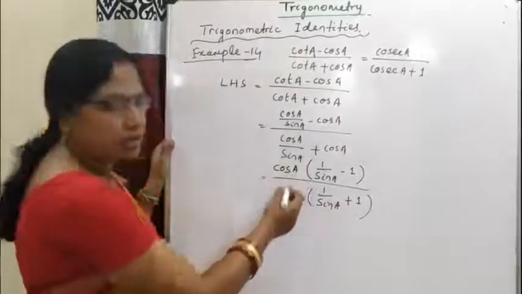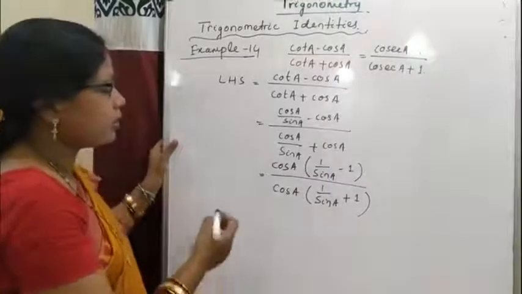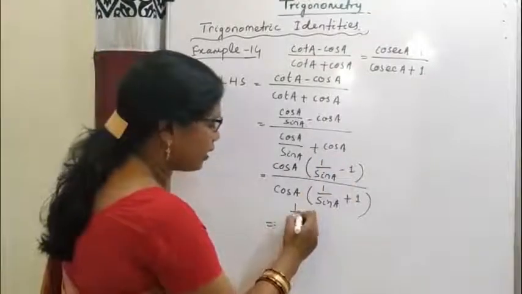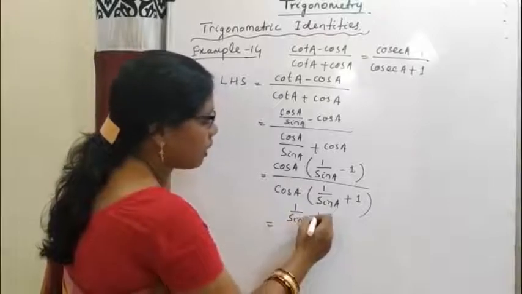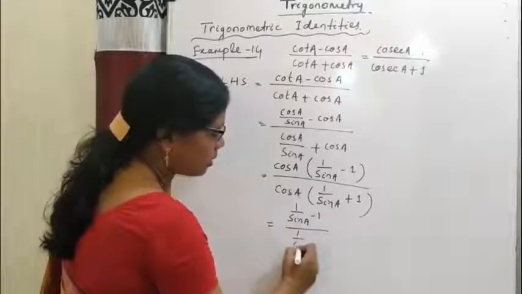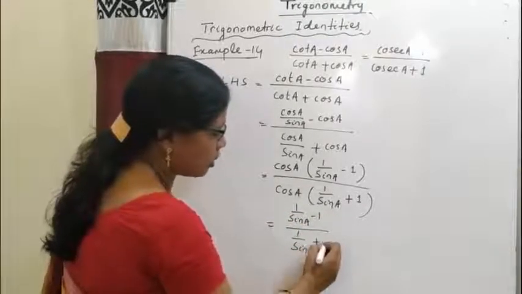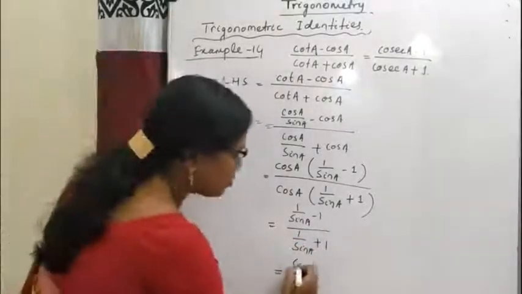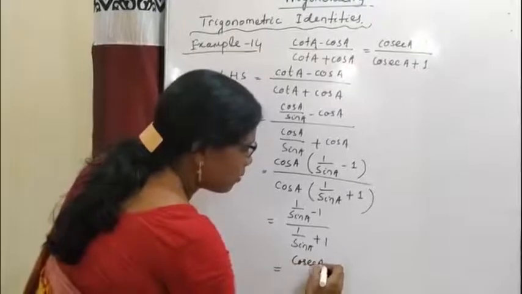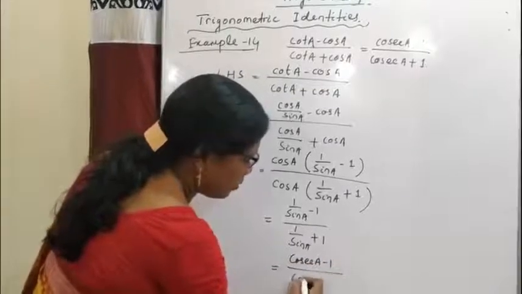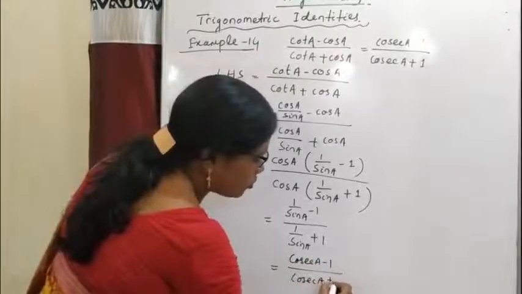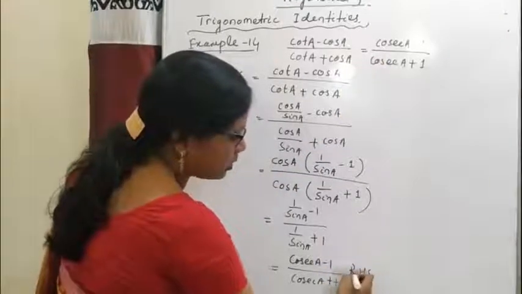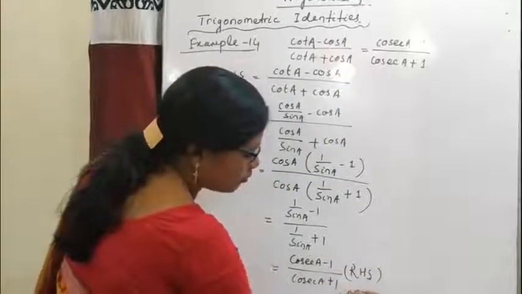So cos A in both numerator and denominator can be cancelled. So this is equal to (1 by sin A minus 1) by (1 by sin A plus 1). 1 by sin A is cosec A, so (cosec A minus 1) by (cosec A plus 1). So this is our right hand side. So this is RHS, so it is proved.